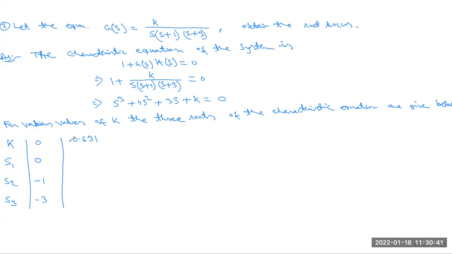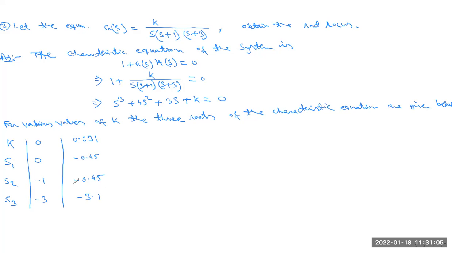So when you put the value K = 0.631, the three roots s1, s2, and s3 have the same sign: minus 0.45, the same again minus 0.45, and another one minus 3.1.